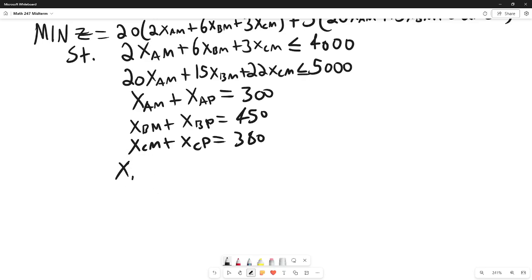X_ij is greater than or equal to 0, where i is equal to A, B, C and j is equal to M and P.